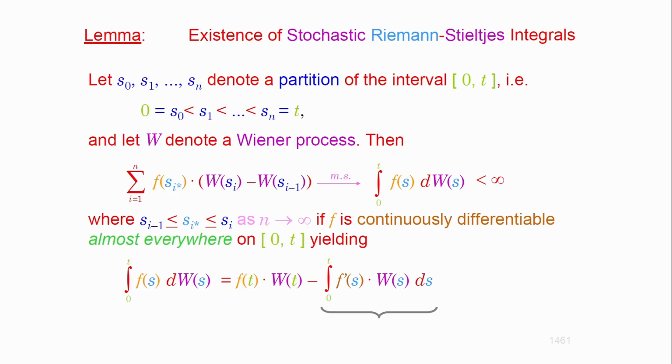So if the function you're looking at has a derivative, which it will have at least almost surely within that range, then the stochastic Riemann-Stieltjes integral can be expressed by a stochastic Riemann integral. That's the point. So everything which is true for the stochastic Riemann integral will also be true for its Stieltjes counterpart. You understand the point?